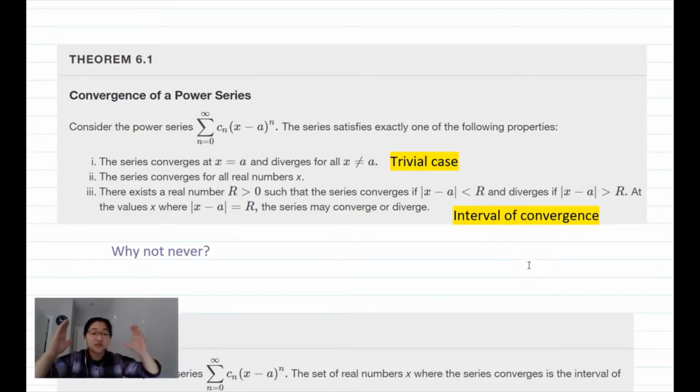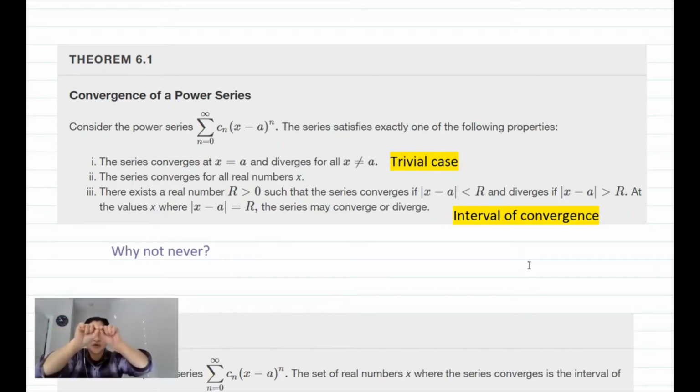So the interval is what the x values are for which we have convergence versus divergence. And our radius of convergence is the distance from our center, our A, to whatever that boundary point is. That's our radius of convergence because it goes in both directions, kind of like a circle. Right?